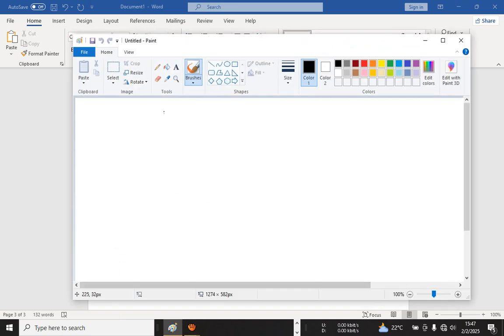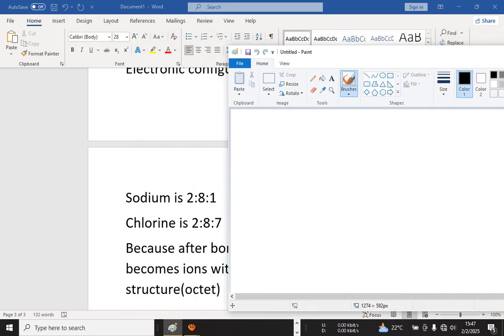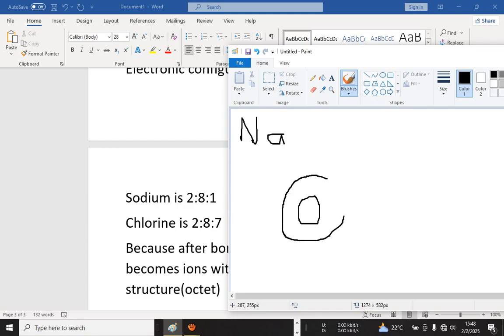So let us see how we can do this. For sodium, this is its symbol. We have seen its configuration, it is 2, 8, 1. The 2 represents the first shell, the 8 represents the second shell, and the last one represents the third shell.